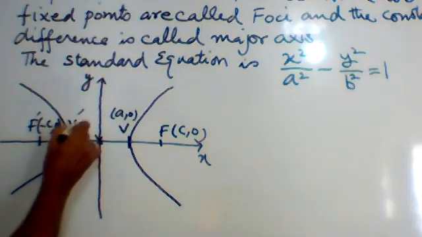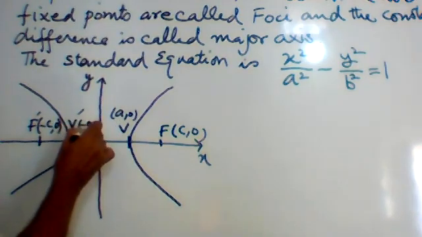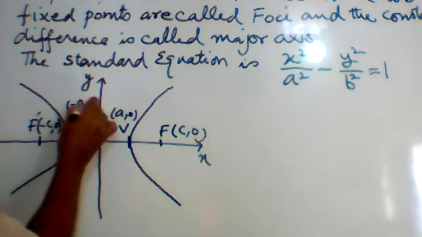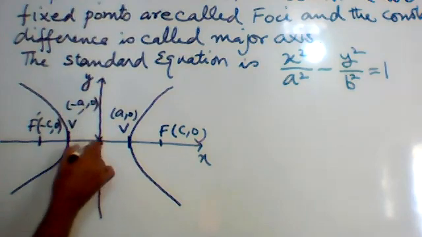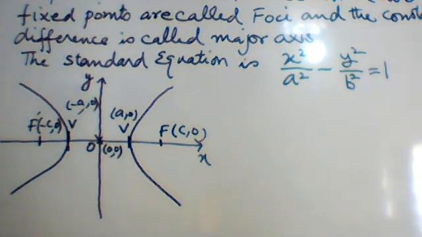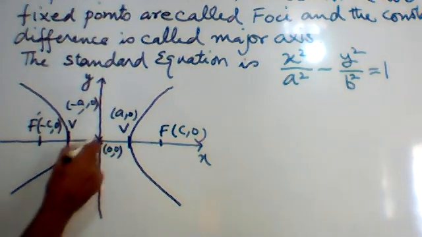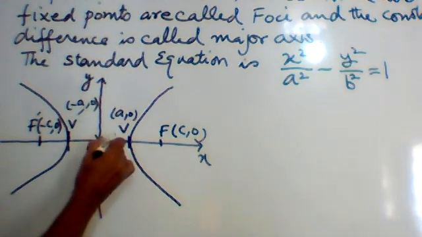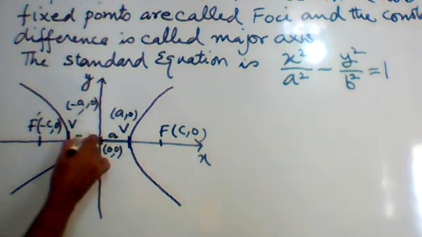Here minus a comma 0, and center origin. So distance from center to the vertex is a, and this is minus a.